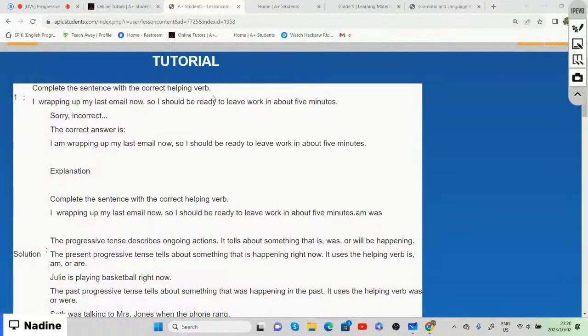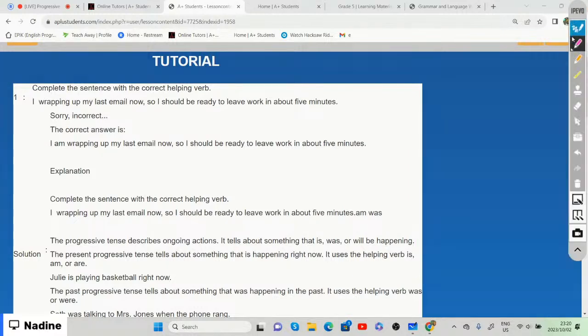We need to put in the correct helping verb over here. I am wrapping up my last email now. So I should be ready to leave work in about 5 minutes.